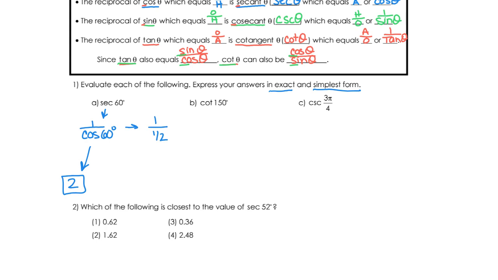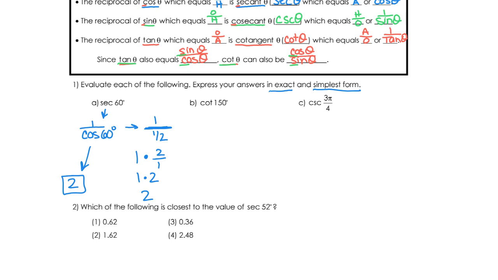Then you could do 1 divided by 1/2 and do a little keep, change, flip: keep the 1, change the division bar to multiplication, and then flip the 1/2 to 2 over 1. And 1 times 2 over 1 is really 1 times 2, which is 2. So sometimes you can type it in right away. Other times, you'll have to go a different route. We'll see what happens with the next one.